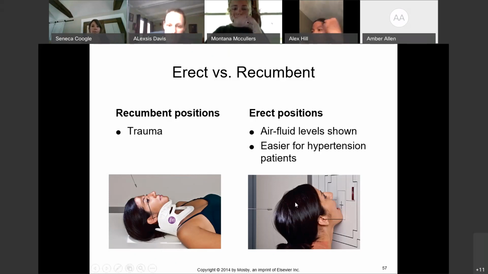Also, erect positions are easier for hypertensive patients, especially if you've got a larger patient or a more elderly patient that cannot lie on their belly, or they really can't be in a recumbent position for very long for breathing reasons or for whatever reasons they may have. So it is always a good idea to know how to position head work on the table and at the wall bucky.